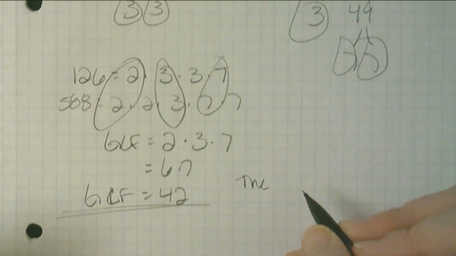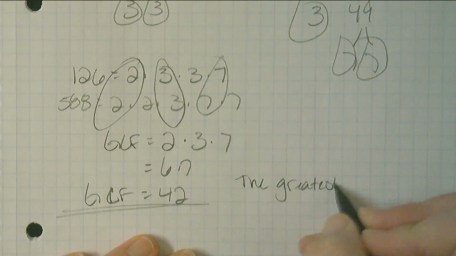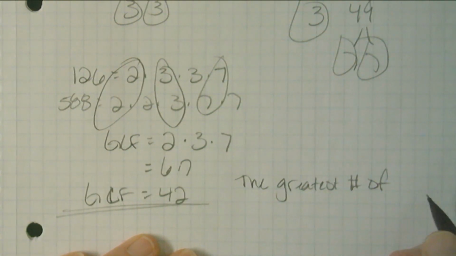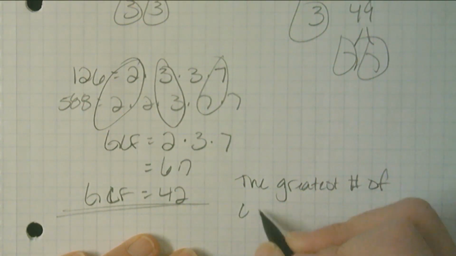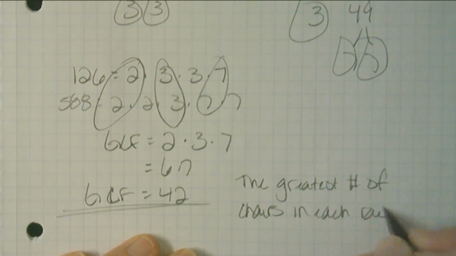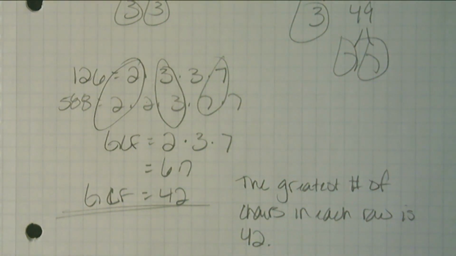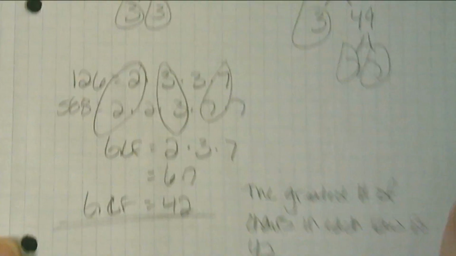Yeah, the greatest number of chairs per row is going to be 42. So the greatest number of chairs in each row is 42, or something like that. Always go back to what they're asking you for.